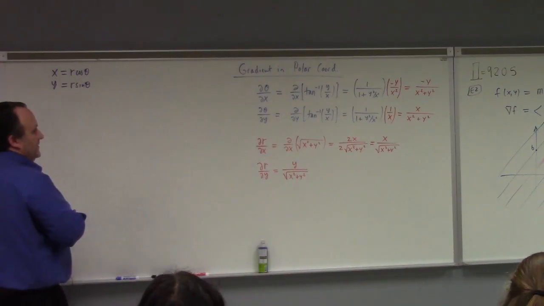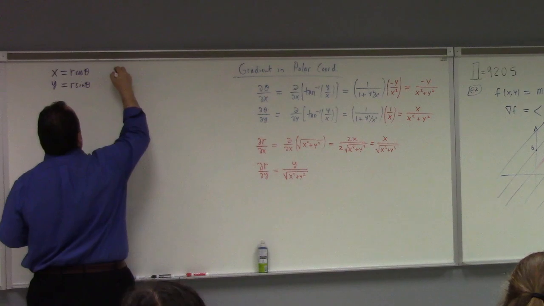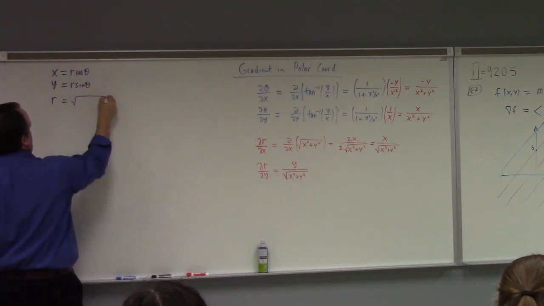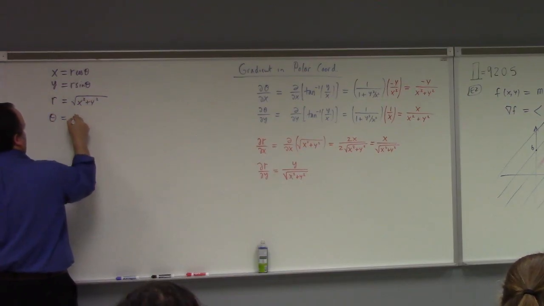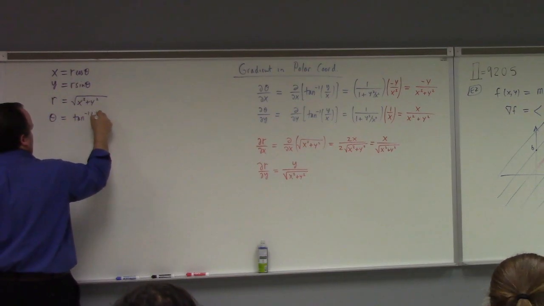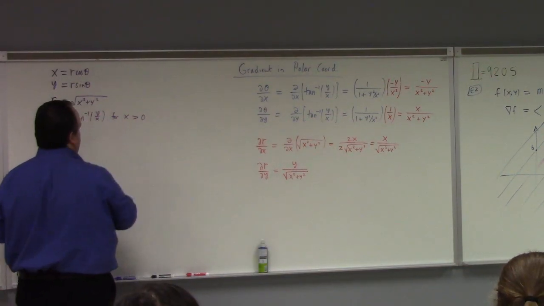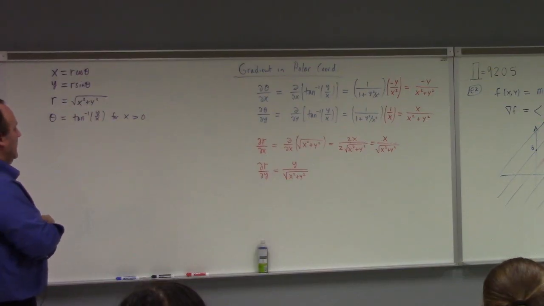Let's see here. What else do we know? Let's get it all out on the table here. Oh, okay. Very good. r is equal to the square root of x squared plus y squared. Theta is equal to the inverse tangent of y over x for x greater than 0, right? And what else do we know?